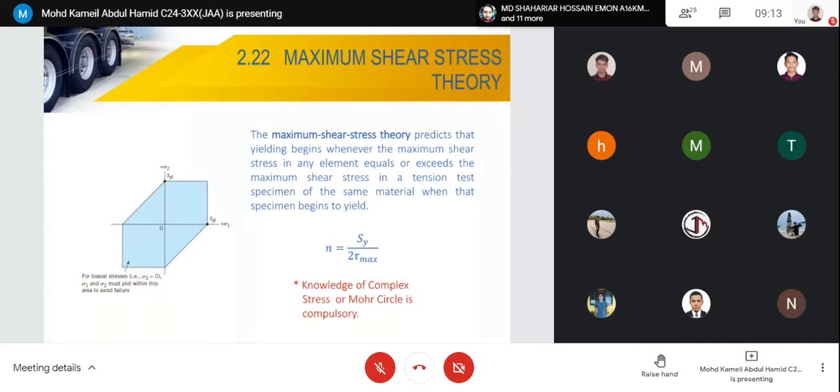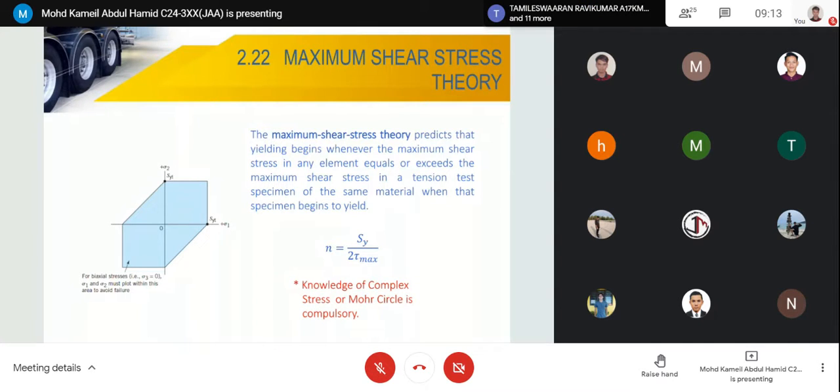Tau is the shear stress. The maximum shear stress theory predicts that yielding begins whenever the maximum shear stress in any element equals or exceeds the maximum shear stress in a tension specimen of the same material when that specimen begins to yield. So that is the equation.